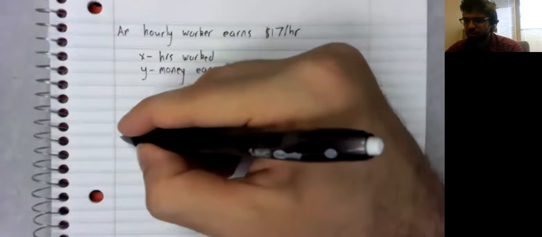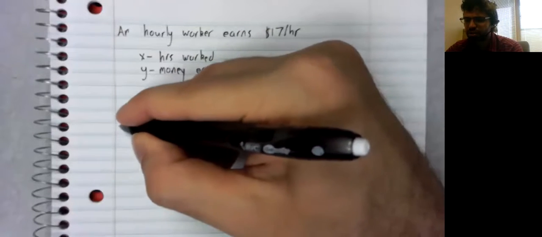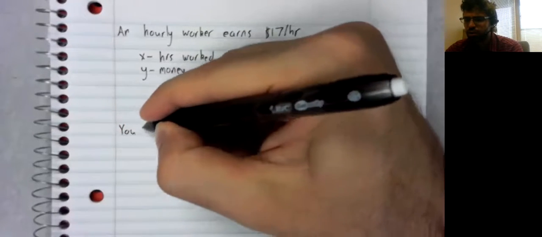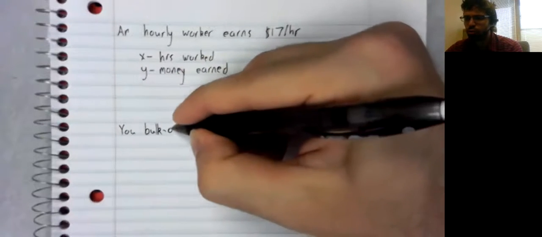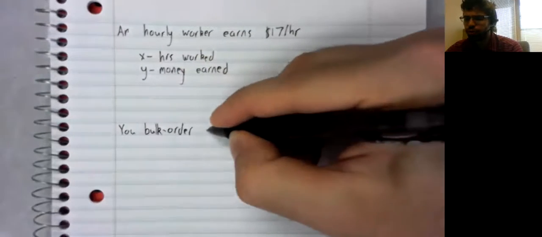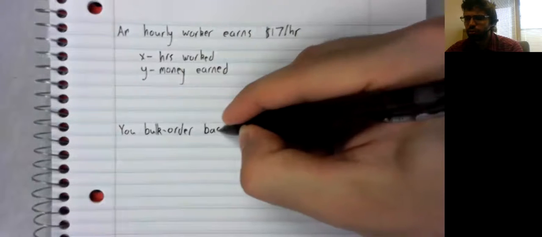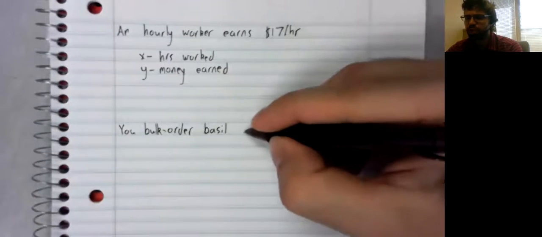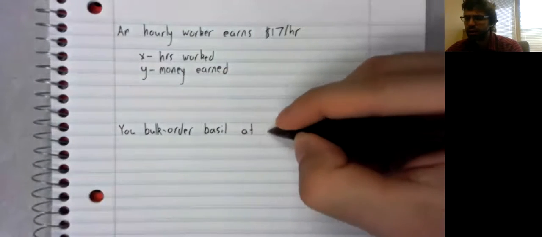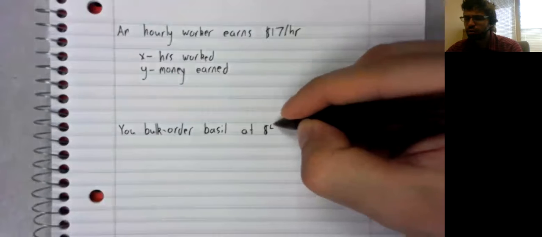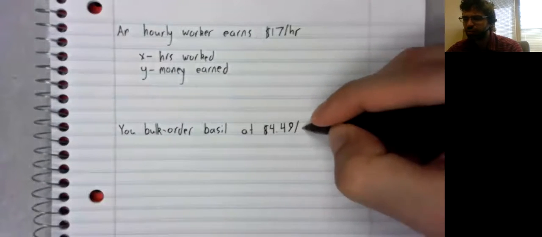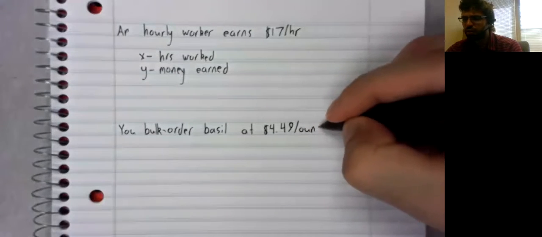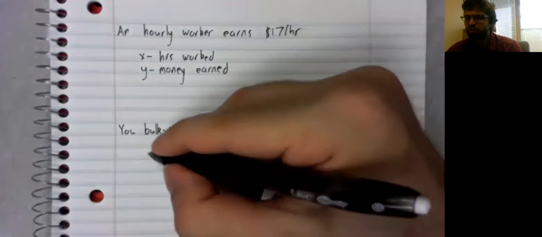And now let's go a little ways down the page and look at something seemingly dissimilar to that. You bulk order basil, the spice, at $4.49 per ounce.